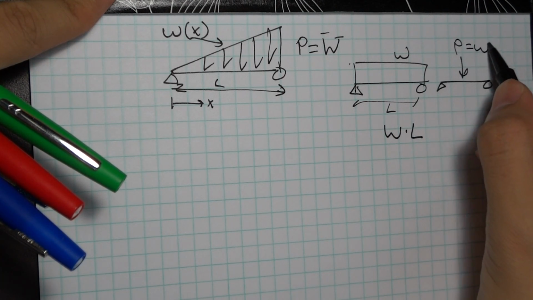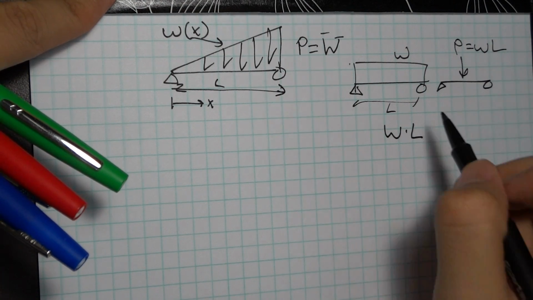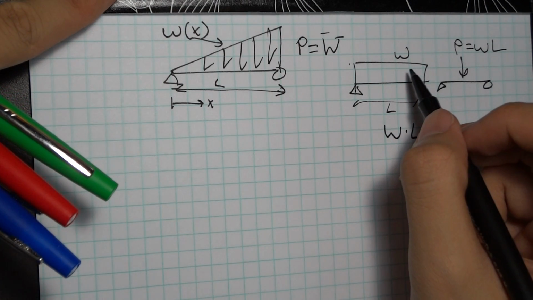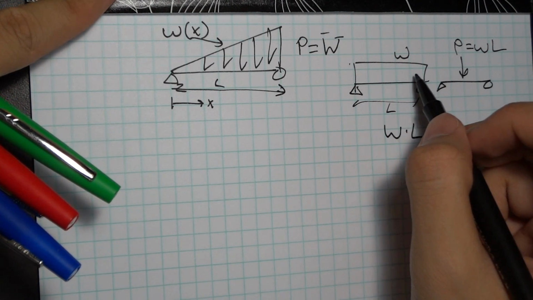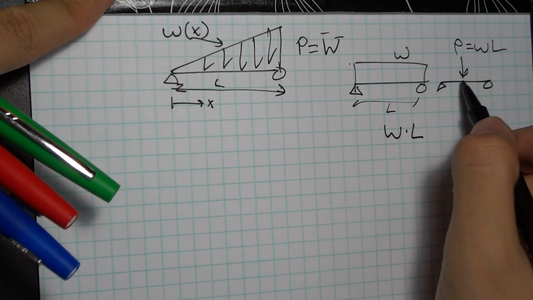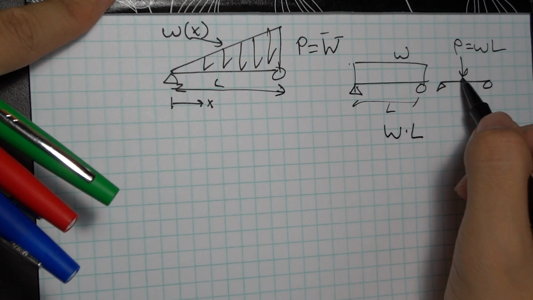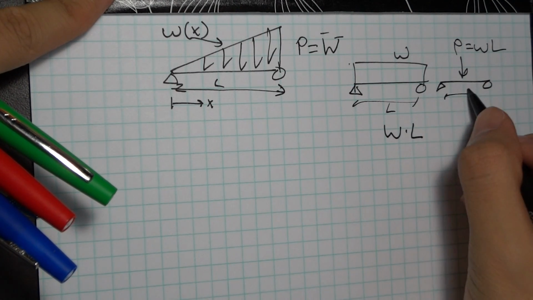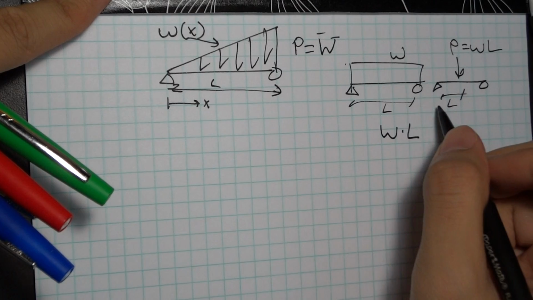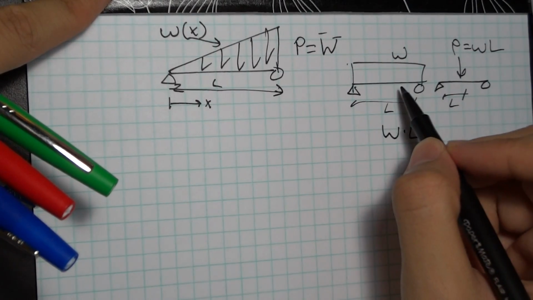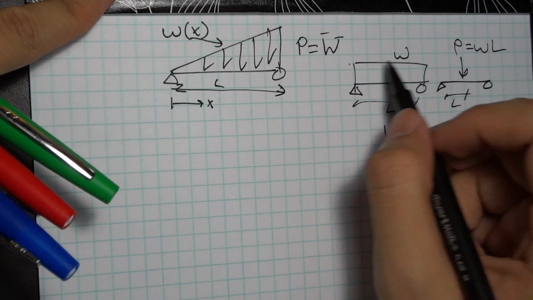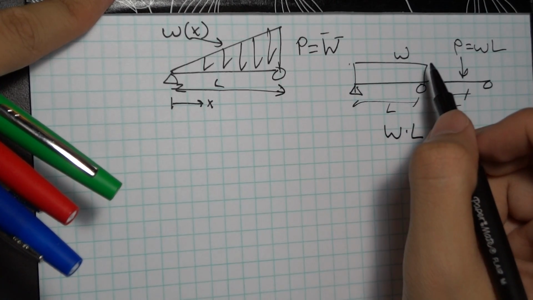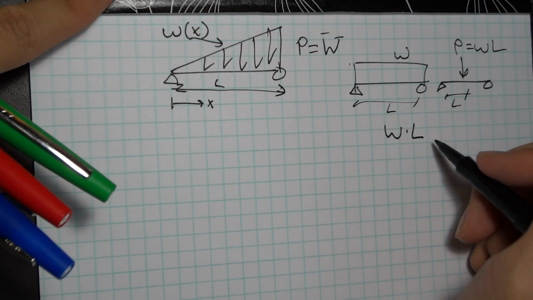But what are you actually doing? You're finding the area, turning it into a point, and putting that point at the center of area. The center of area for a rectangle is halfway. For a uniformly distributed load, where the slope is 0, your total area is just omega times L.